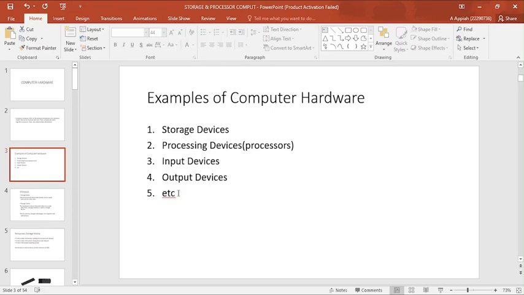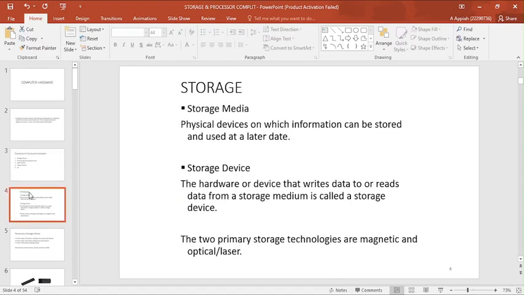We can also talk about under hardware, like the CPU fan, our system unit, the base, the buses, and all those can be talked about under computer hardware. Today's lesson, we shall focus on the first two, which is the storage and the processors.